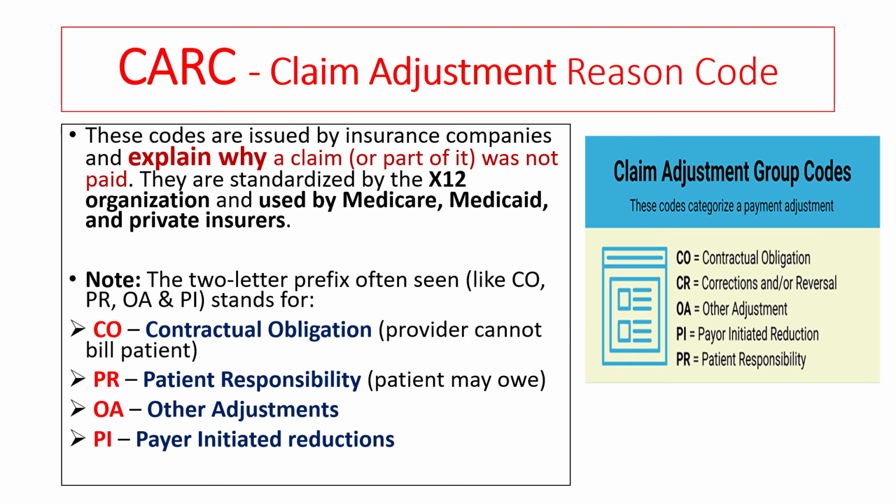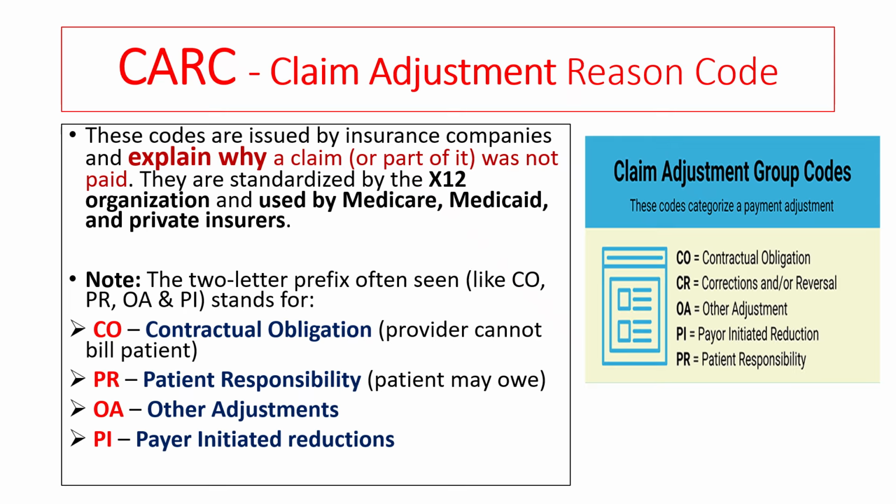to the doctor. And that code might have a two-letter prefix, for example CO, which stands for contractual obligation, meaning the provider cannot bill. On a denied OB, if that two-letter CO prefix is there, we have to understand that it is related to the doctor itself.